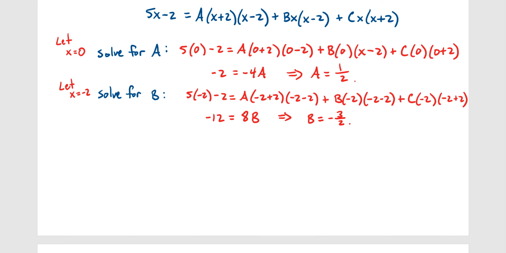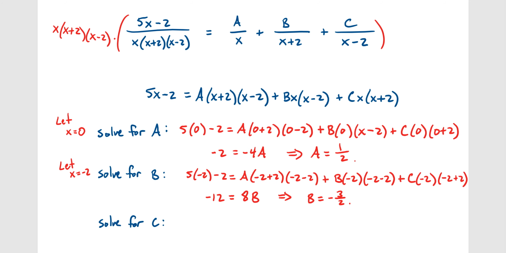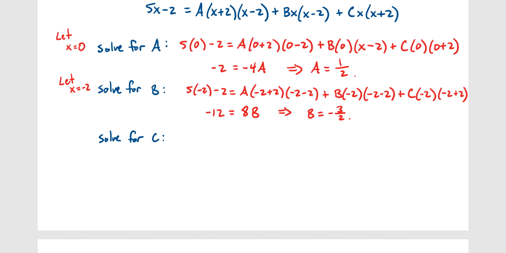And the last one here, we need to solve for c. The factor that makes the denominator for c 0 is going to be x equals positive 2. So we're going to plug in x equals 2, and we're going to solve this for c.